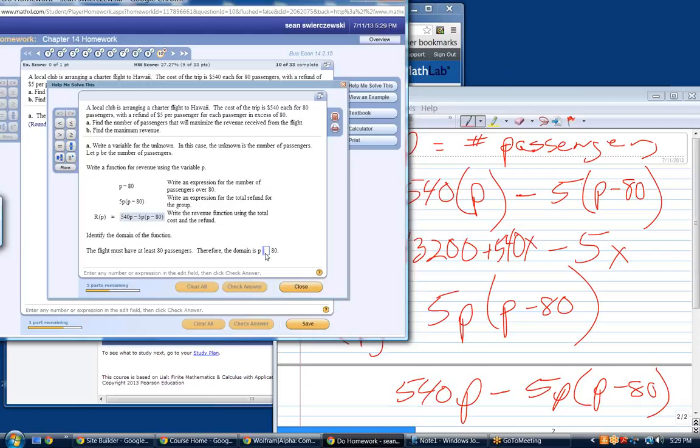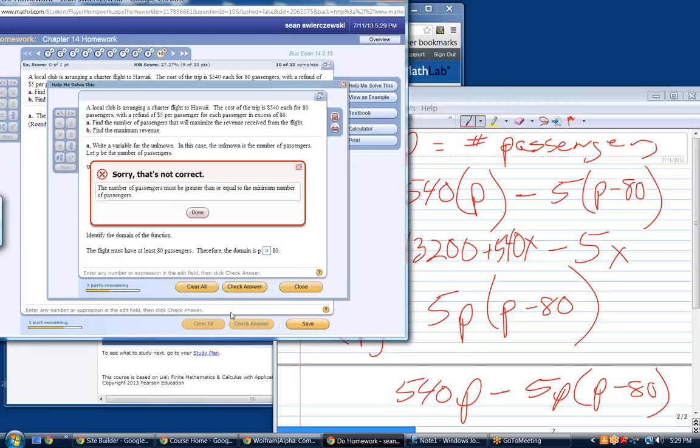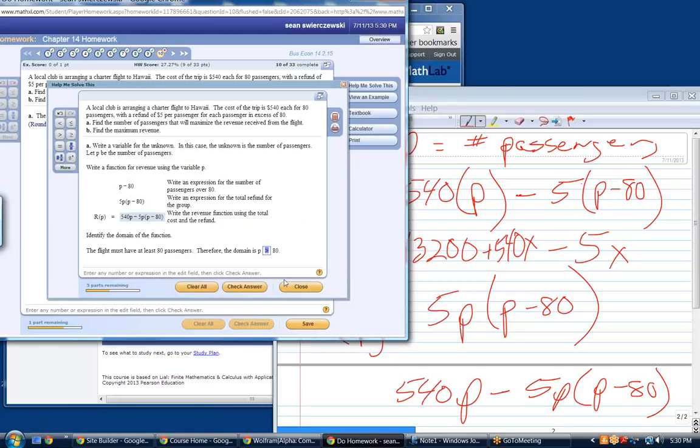P is greater than 80. So the domain, oh, so they need a greater than sign here. Yeah, I think so. Greater than or equal to. How do I do that? Look on the toolbar on the left.